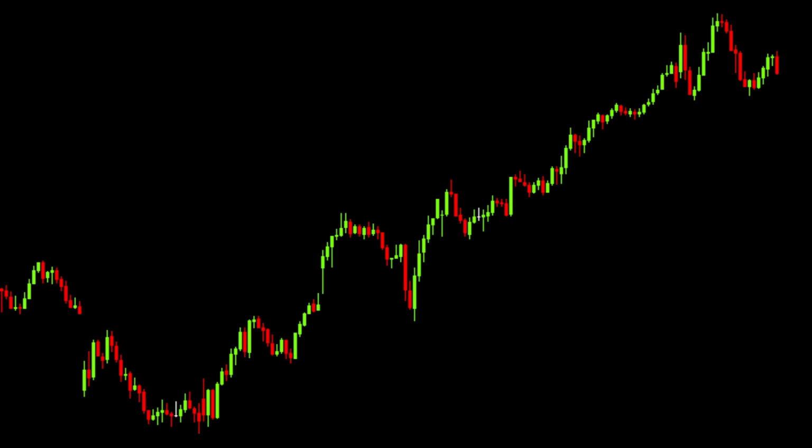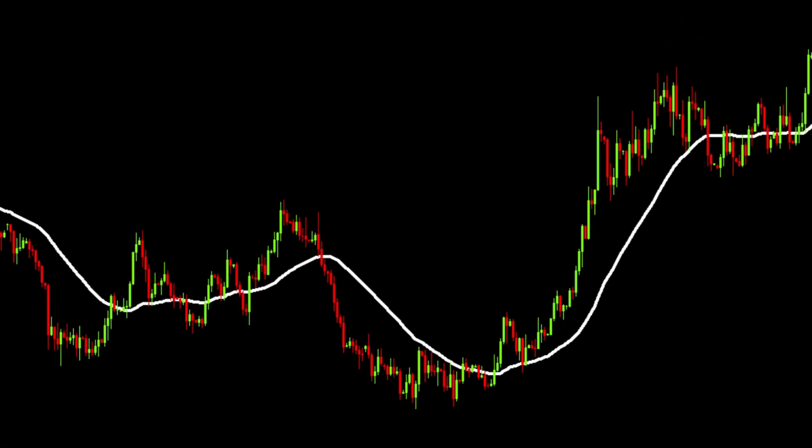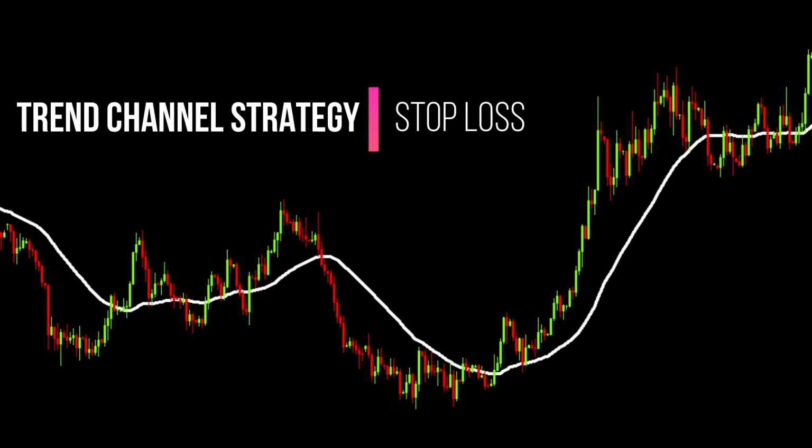We have our entry nailed down. We also need to know where our exit will be. We determine where, or at least how, we will get out of a trade before we go in on it. We need an exit plan for if the trade turns profitable, and we need an exit plan for if the trade starts losing money. Trend channel strategy stop loss. A stop loss is how we control risk.